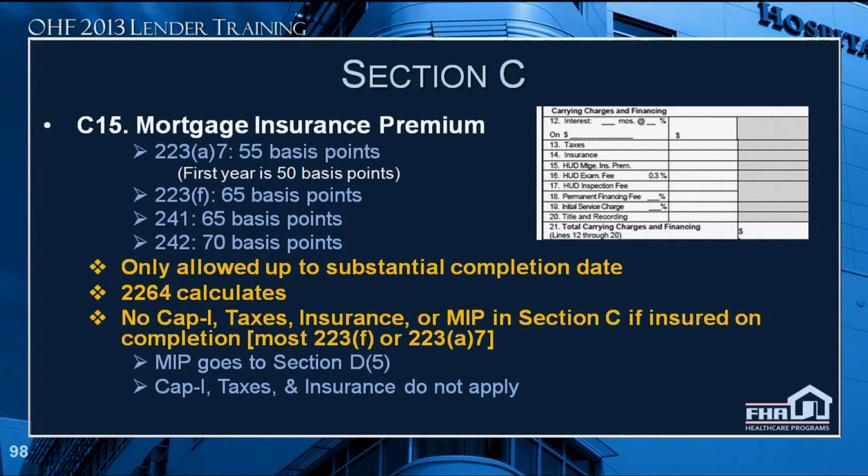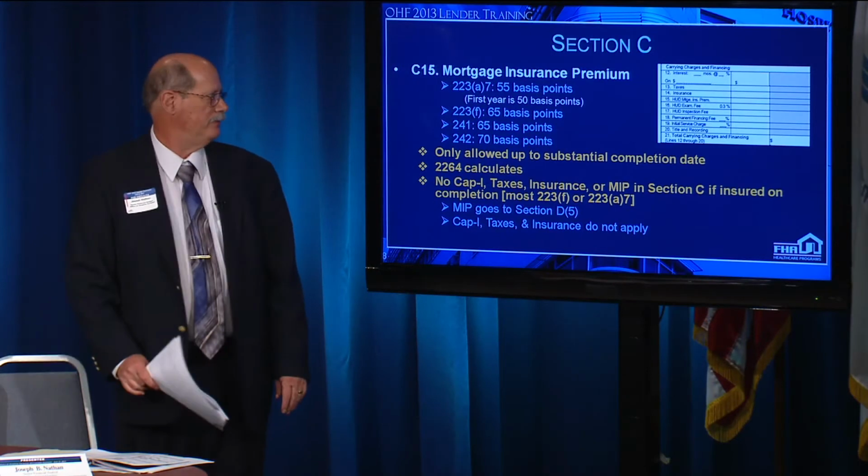Because guess what? You don't have insurance on advances then. Okay? And since it's 60 days past the substantial completion date, if you don't have a substantial completion date, then basically it all goes over in Section D in there. And it will go on line D5 or D6 in there because these just plain don't apply. All right, let's go to the next slide.